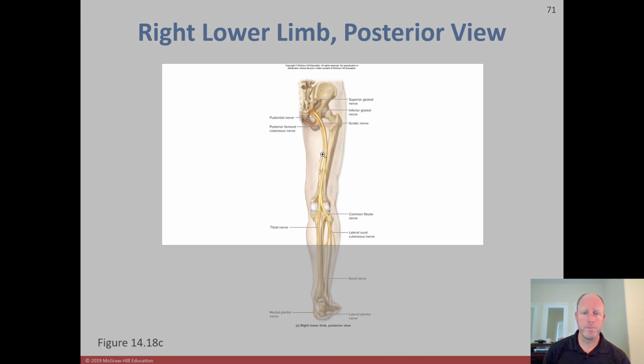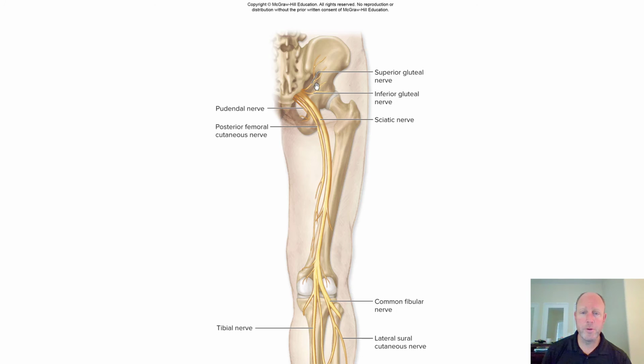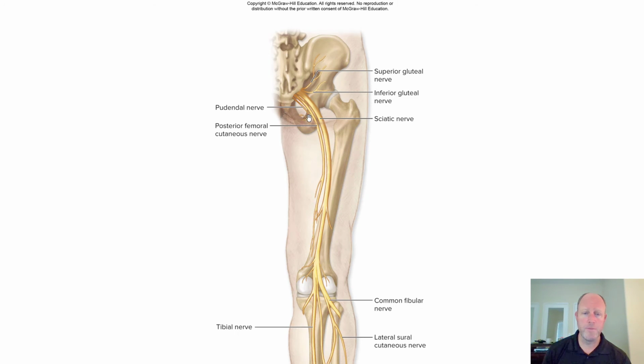So we can see here's our superior gluteal nerve, innervating the glutes and hip muscles, the inferior gluteal nerve, and our pudendal nerve, which is going to come down through here and affect muscles of the hip. And our sciatic nerve, which plays a role significantly with the hip muscles as well as the hamstring muscles.